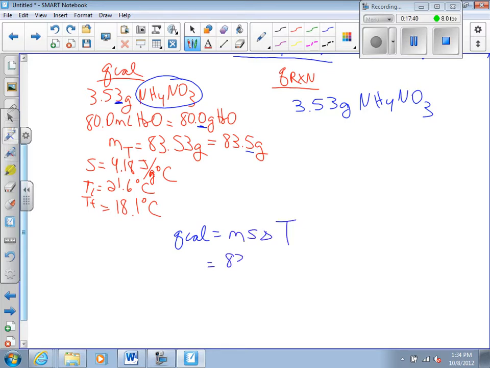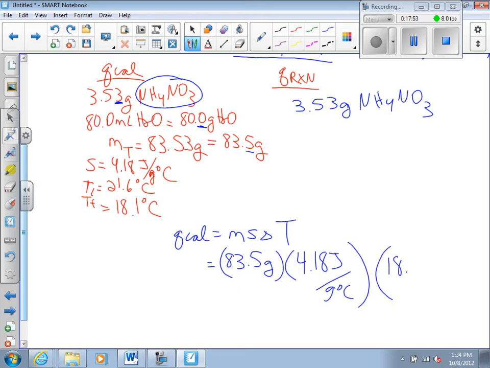We have 83.5 grams. Specific heat capacity, 4.18 joules per gram degrees Celsius. And our delta T final minus initial degrees Celsius. So let's check our units.